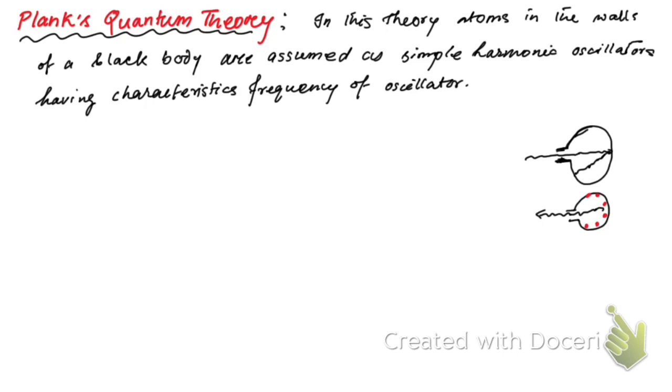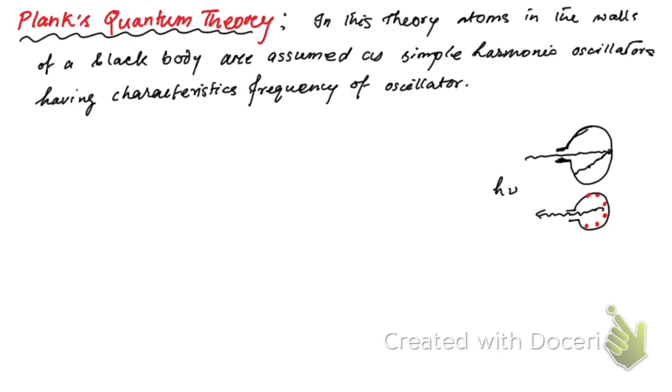According to this theory, the total energy released by these oscillators cannot have any arbitrary value. It must be an integral multiple of h nu, where h nu is called the basic unit of energy.